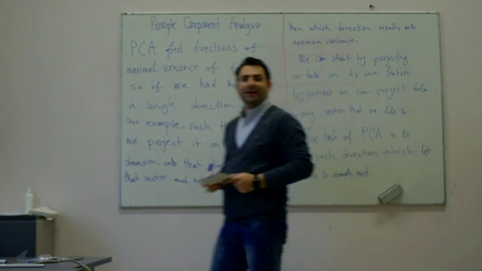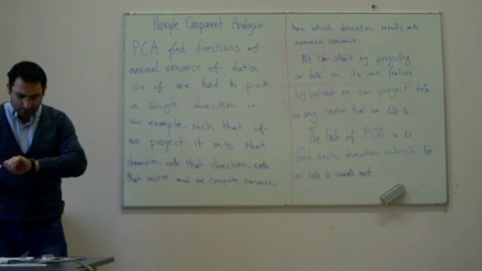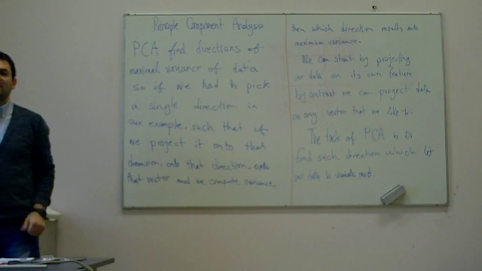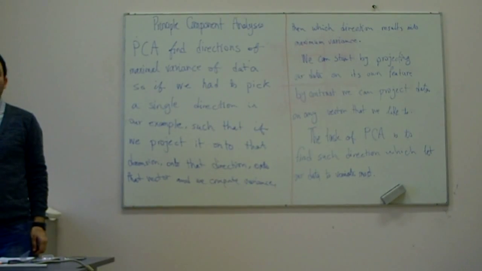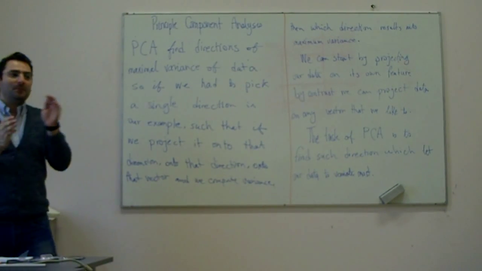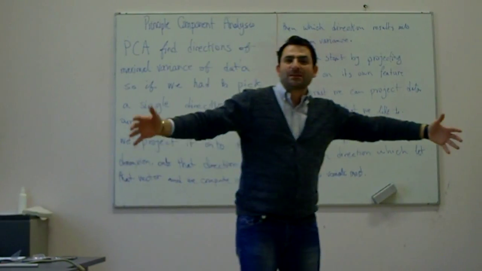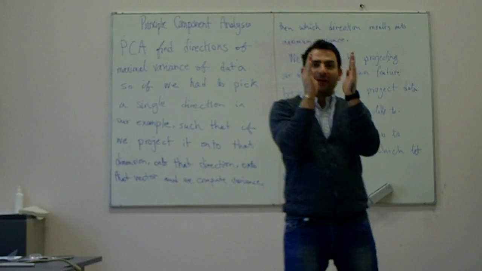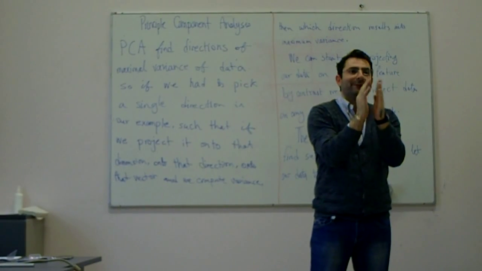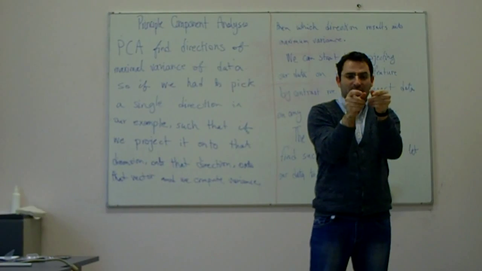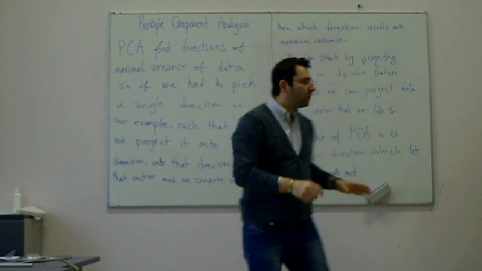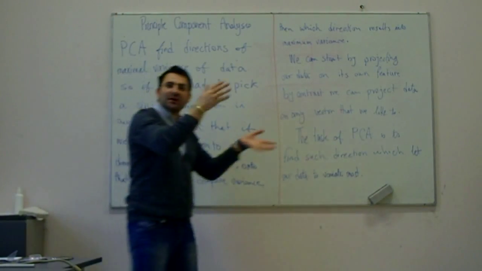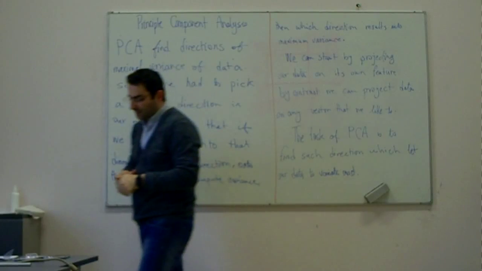Why do we care to find a direction in which our data has higher variance? Then it's easier to discriminate. Yes. If the data is varying more, if I have more space to vary, then I have higher potential of discriminating it. When I have a very narrow band to vary, I cannot discriminate well because our data will be very close to each other. So PCA helps us find those directions which, if we project our data on them, we will have the maximum variation.